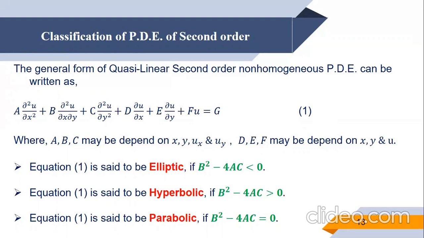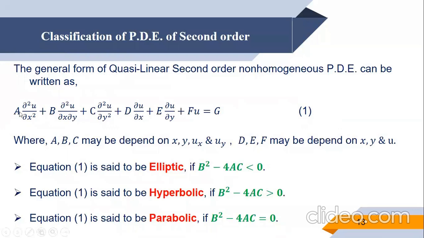First, the general form of a Cauchy-linear second order non-homogeneous PDE can be written as A times del square u by del x square plus B times del square u by del x del y plus C times del square u by del y square plus D times del u by del x plus E times del u by del y plus F times u is equal to 0. So equation 1 is a second order Cauchy-linear non-homogeneous PDE.